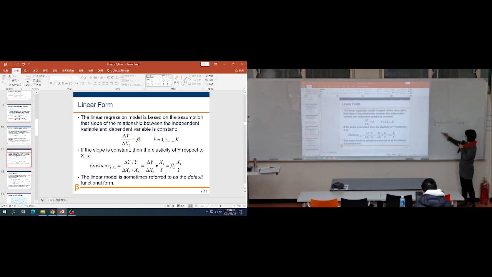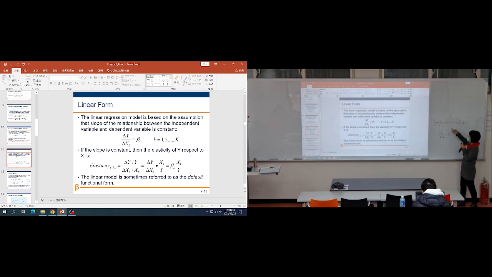Mathematically, the derivative of y with respect to any one of the x turns out to be beta 1 only, or beta k only.